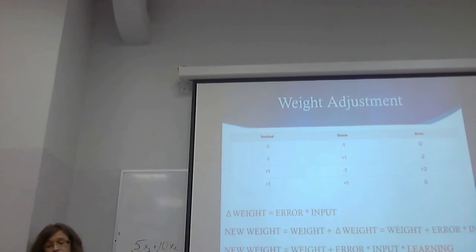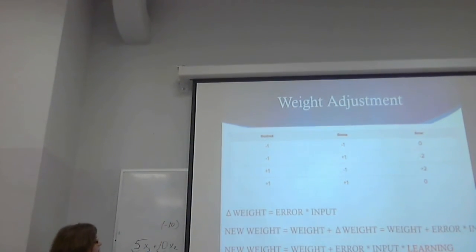Next time I would like to try a new coefficient, and I say the error is -10. It's a big error, right? So I can say, okay, if the error is -10, let's try to use next time 5 minus 10x1 plus 10 multiplied by -10x2.